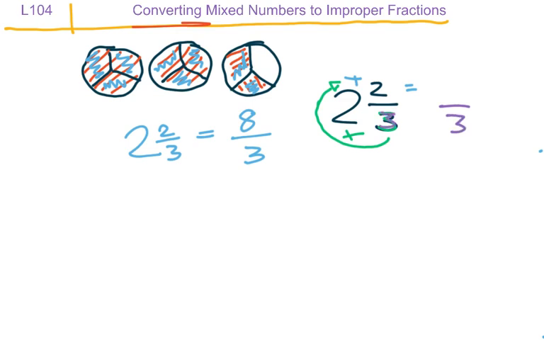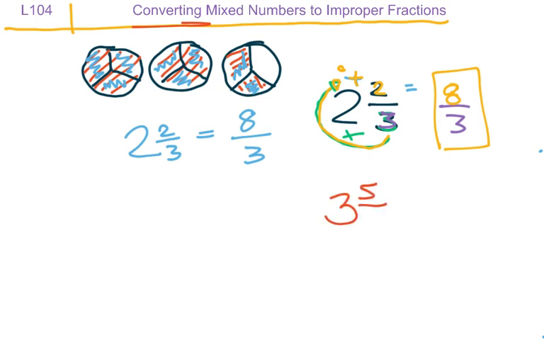Let's walk through that. I would do 3 times 2, which is 6, plus 2, that's the 2 in my numerator, which is 8. Therefore, 8 thirds, which is the answer we got before.